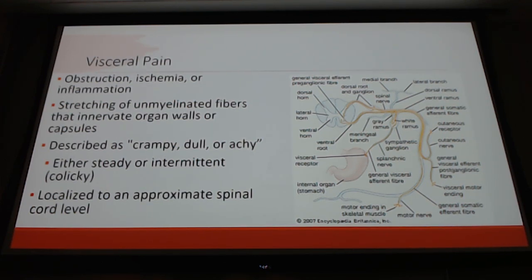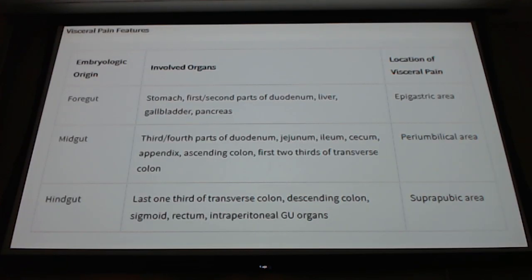So this is usually localized at the approximate level of the spinal cord, which makes it poorly described. And we take this next step forward. We can even go back to embryologic origin. This is due to afferent nerves that take the signals to the brain, following the sensory cortex at the level of the spinal cord.